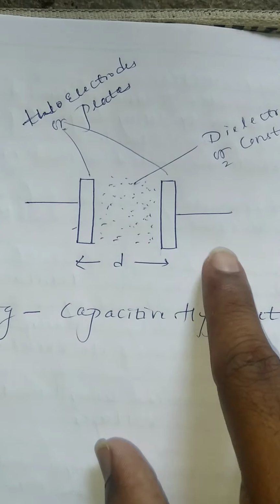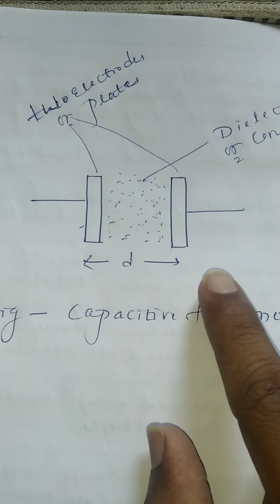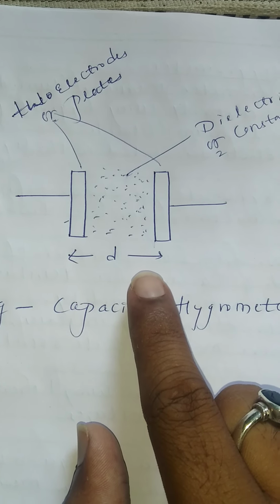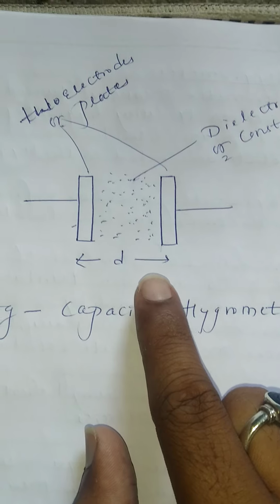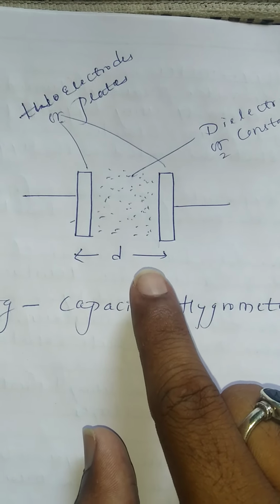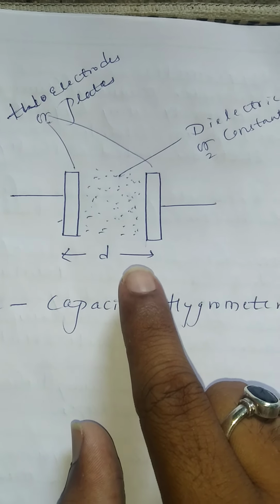The presence of water vapor in air also changes the dielectric constant. As the changes are very small, the change in capacitance due to the change in dielectric constant is measured by including it as a frequency determining element in an oscillator.